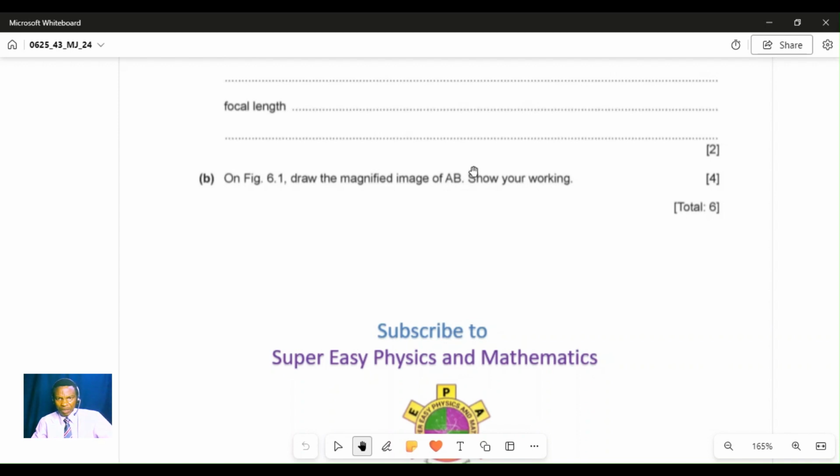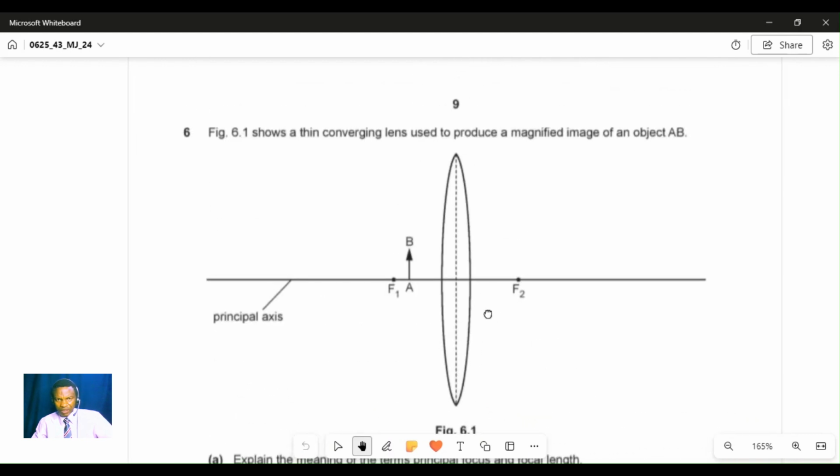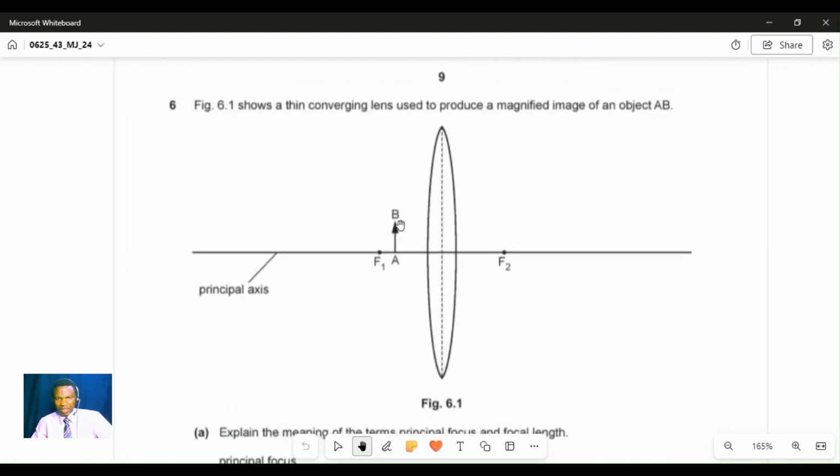All right, so let's go to question 6B. Let's draw the ray diagram. First of all, we're going to look at the meaning of the terms.